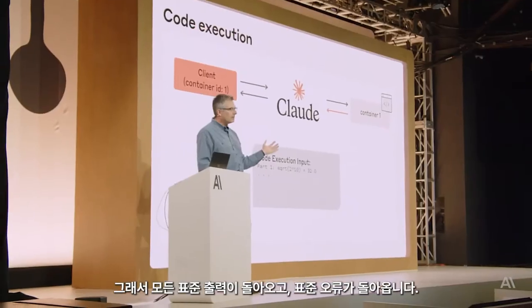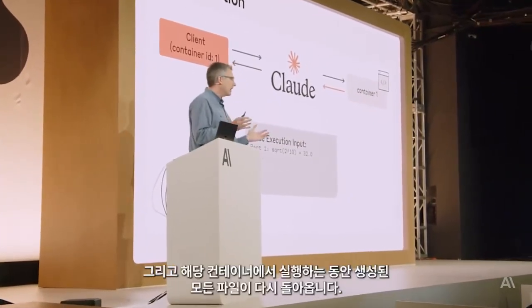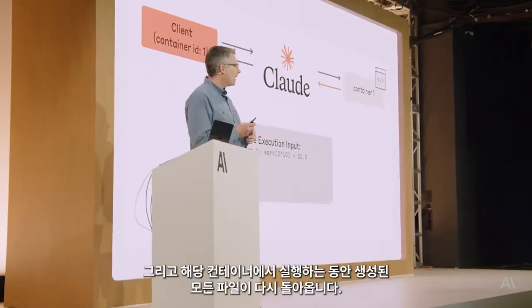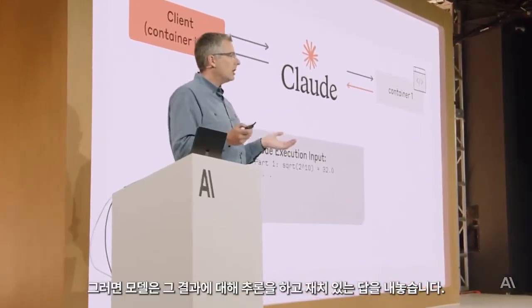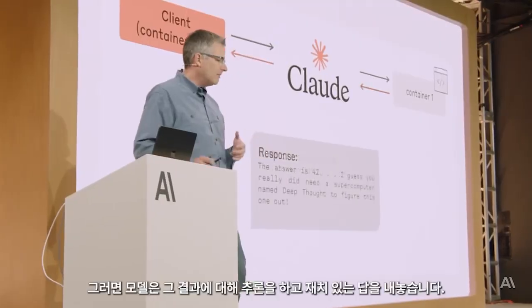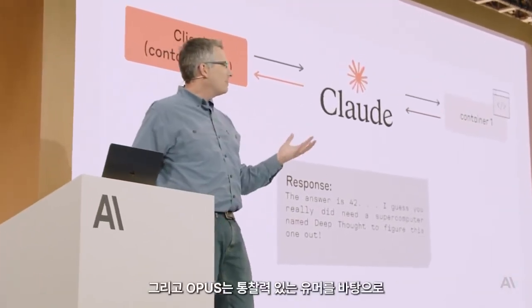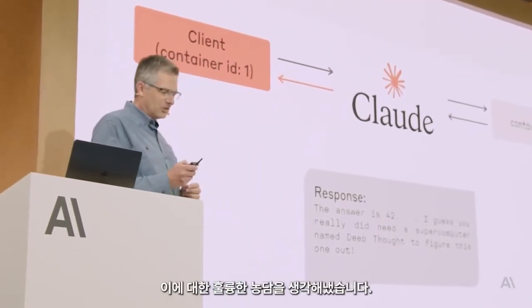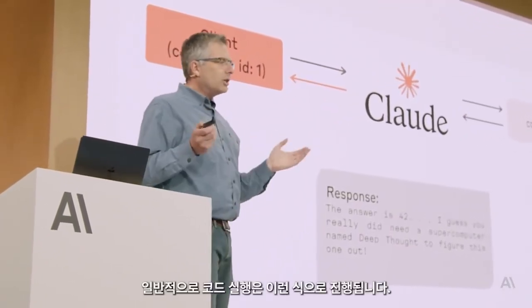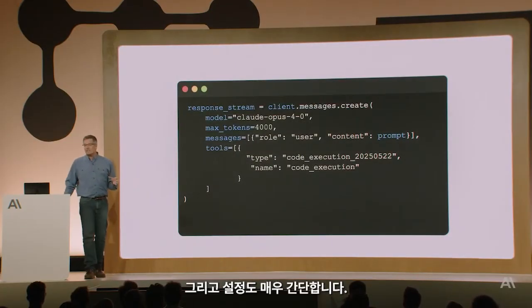So all of standard out comes back, standard error comes back, and any files that were created while executing on that container come back. And then the model reasons over those results and comes up with a quippy answer. So the answer was 42, and Opus, with its insightful humor here, has come up with a good joke about that. So that's generally how code execution works, and it's very simple to set up.